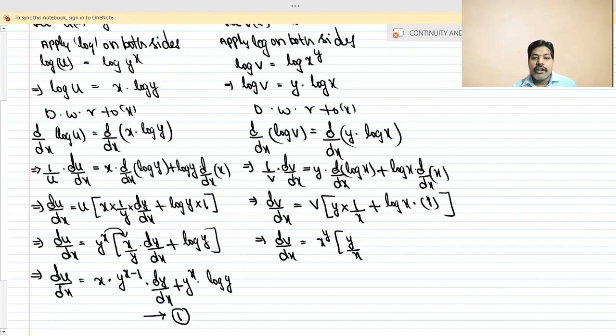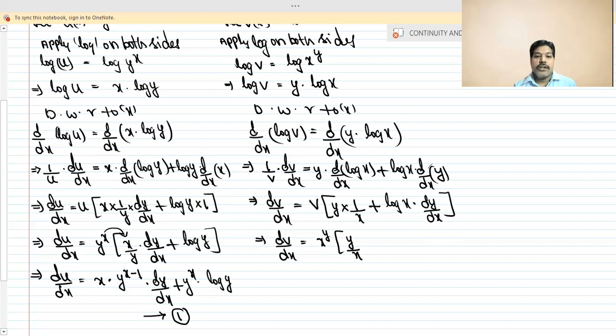Y into derivative of log x plus log x into, this is a y actually. So this is the derivative of y, not of x. It is not a 1; it is dy by dx.